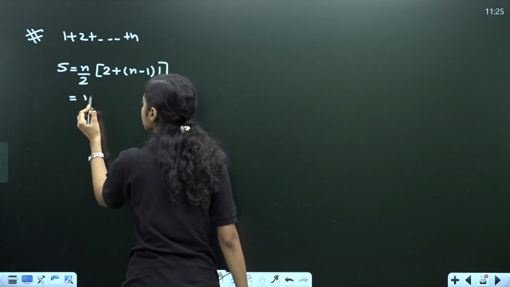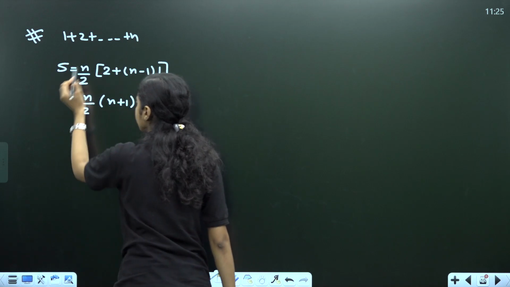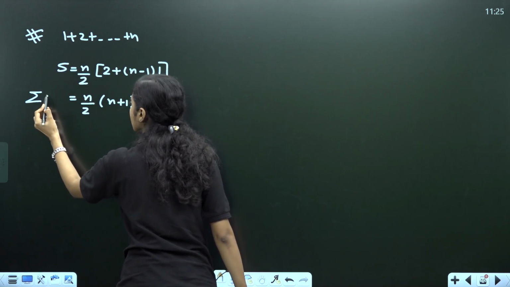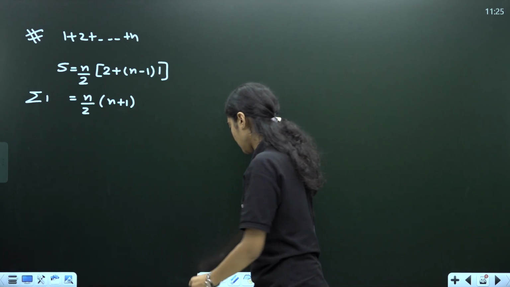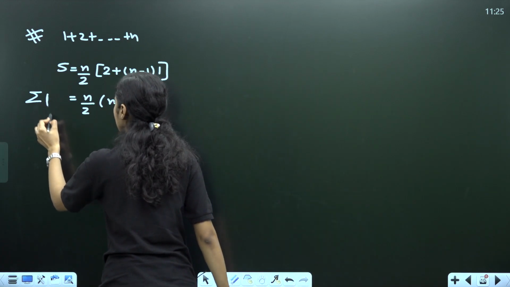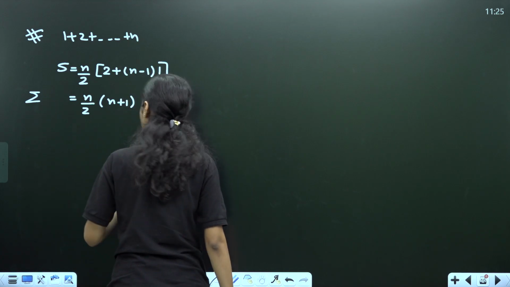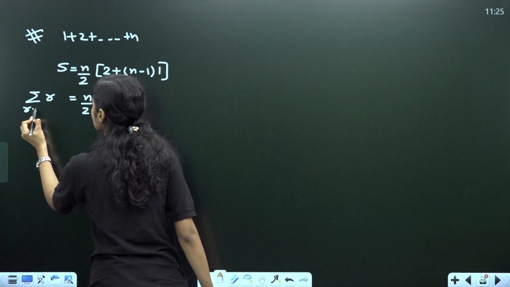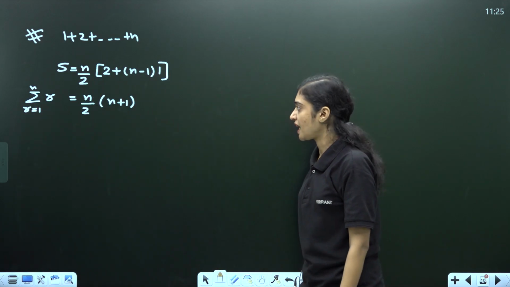When we simplify it, we get n plus 1. So the sum of the first n natural numbers, sigma r equals 1 to n, is n times n plus 1 by 2.